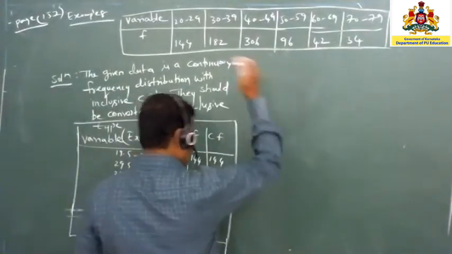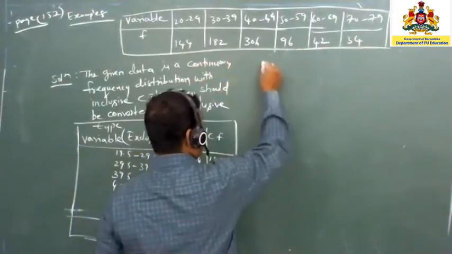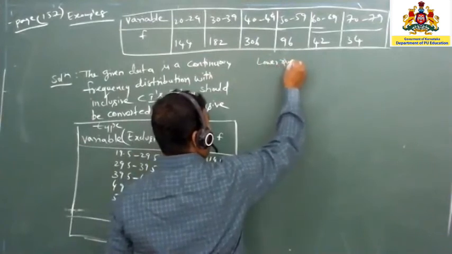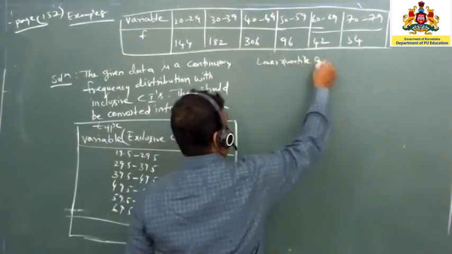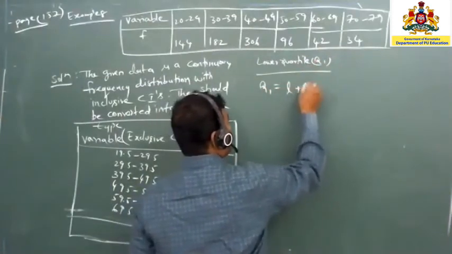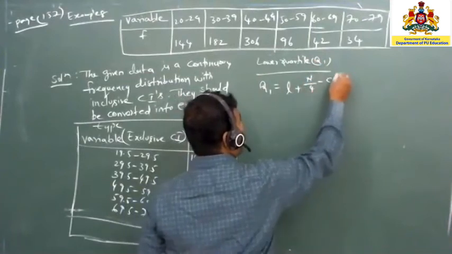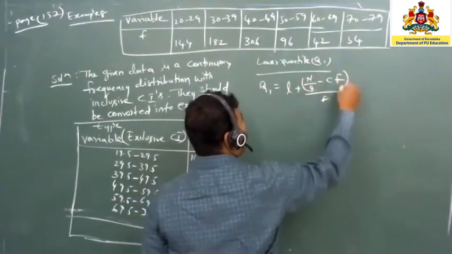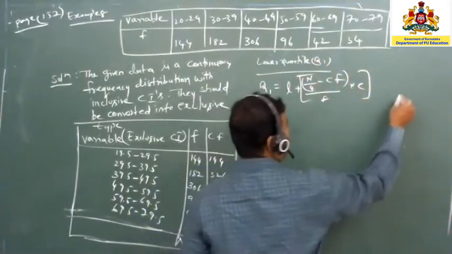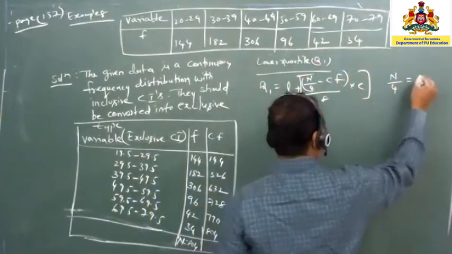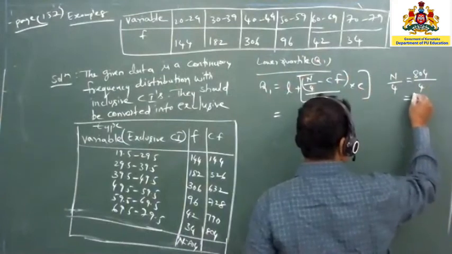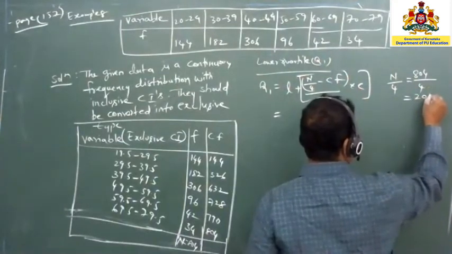Now come to the calculation of partition values, lower quartile Q1. Q1 equals L plus (N by 4 minus CF) by F into C. N by 4 equals 804 by 4, which is 201.